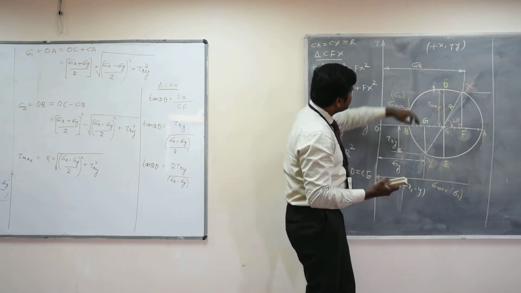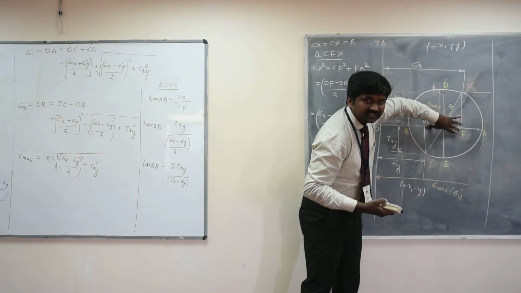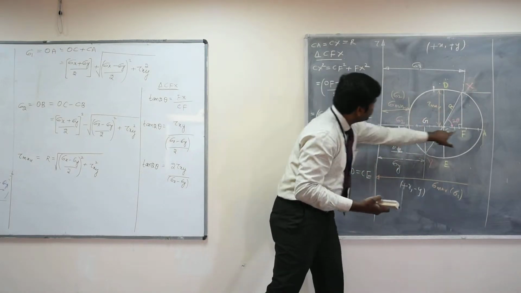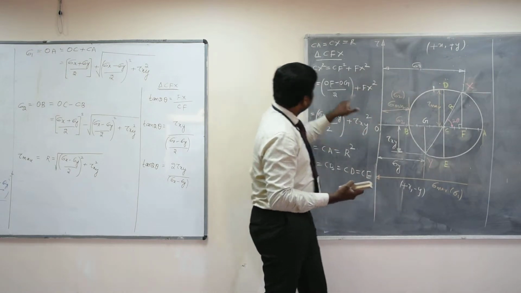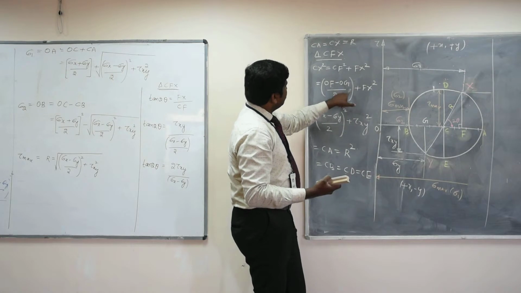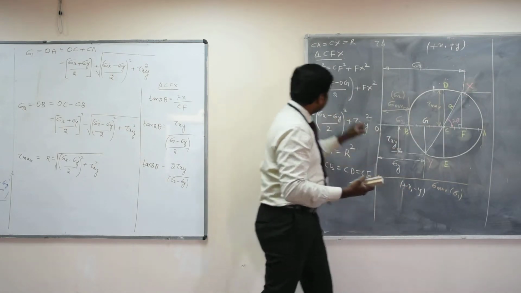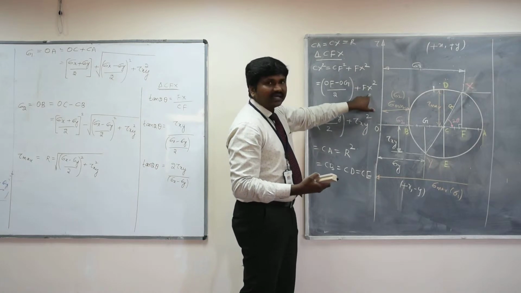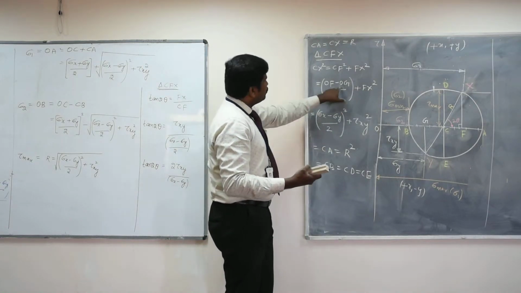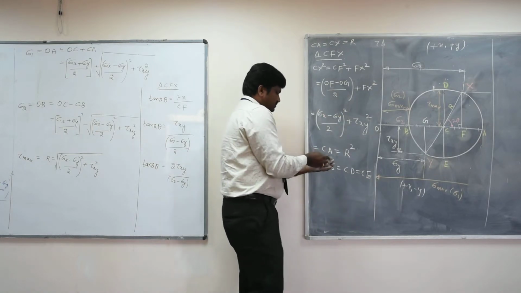So we take sigma x minus sigma y, so that you get this distance, and half of that is OF, which is sigma x, minus OG, which is sigma y, divided by 2, because we want half of this distance. So by 2, whole square, plus FX square. OF is sigma x, OG is sigma y, by 2, this is square.